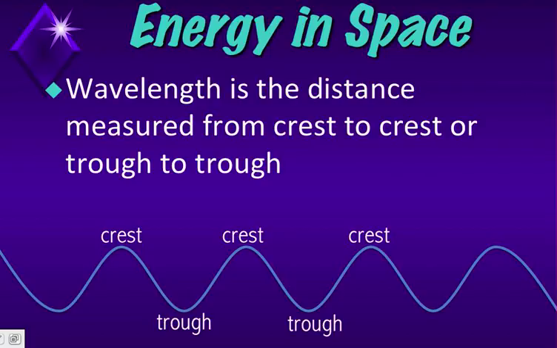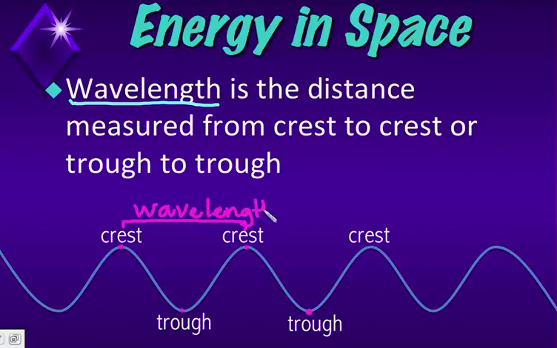And thinking about then the wavelength, we actually can measure how big or how small one of these wavelengths is. And to do that, we measure either from crest to crest, so I can measure from this point here to that exact point on the next wave, or I can also measure trough to trough, and that's going to give me one wavelength.